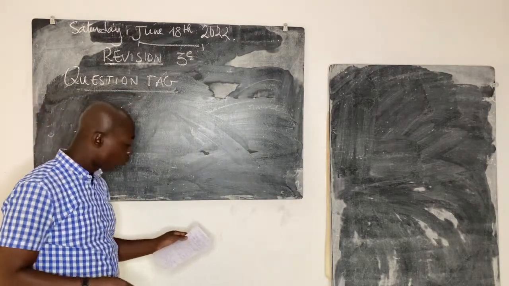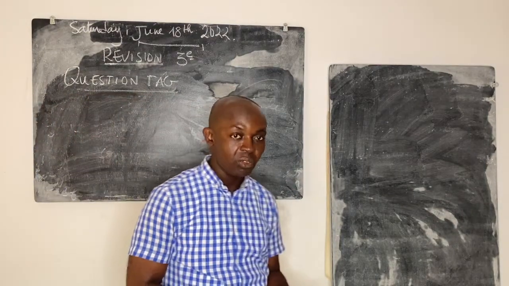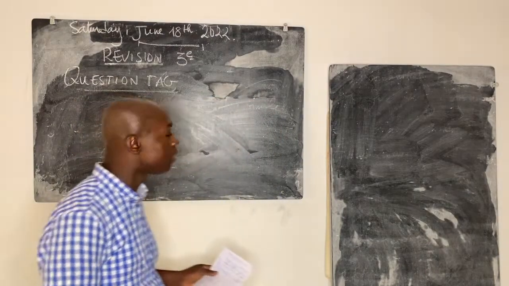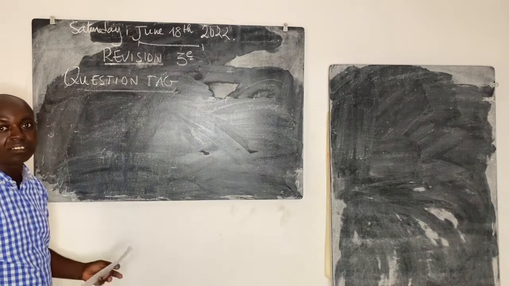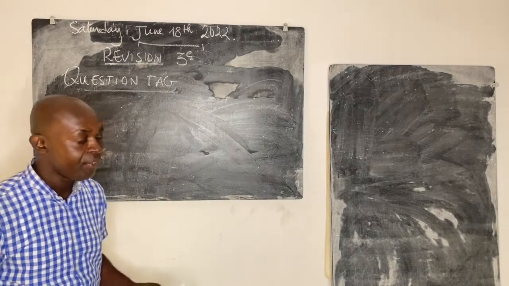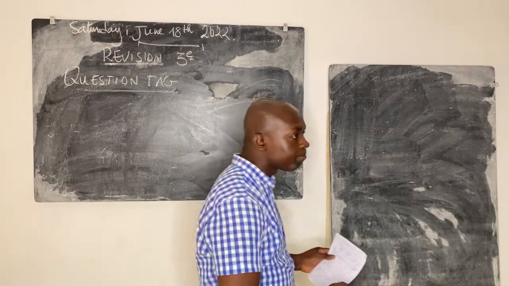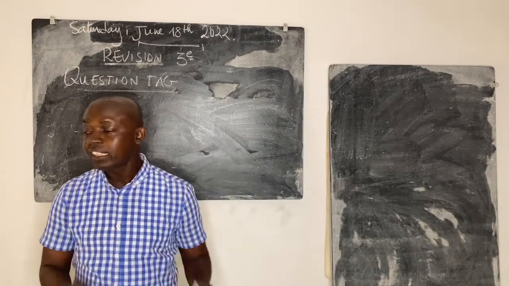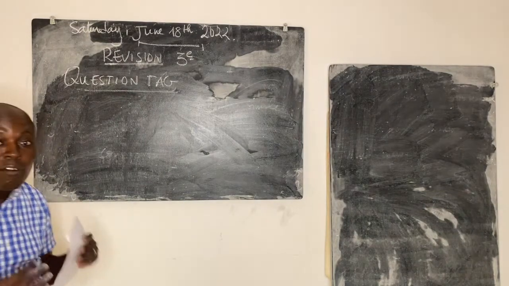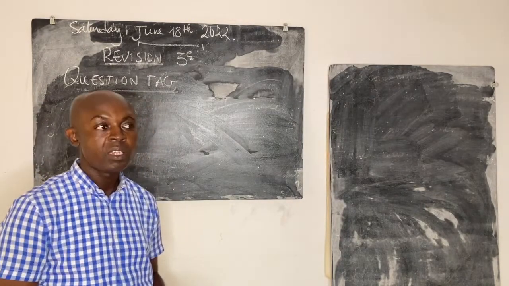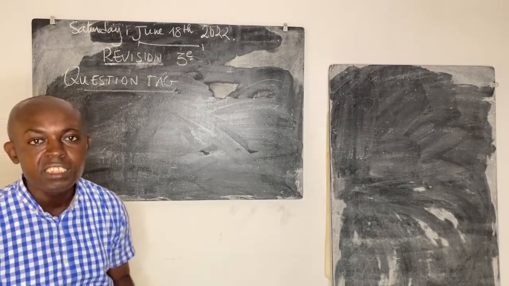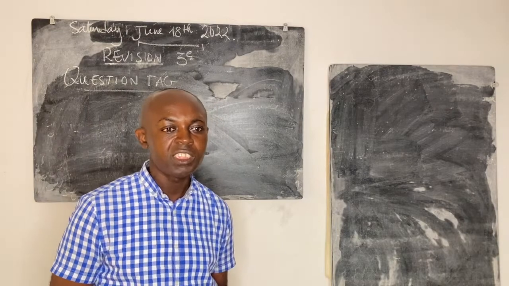To form this grammar point, we have to know the rule. The rule says that when the sentence is in affirmative form, the tag becomes interrogative form. This is the first rule.